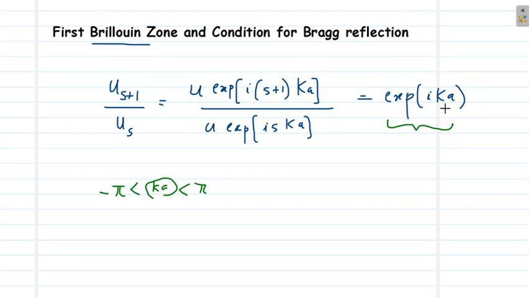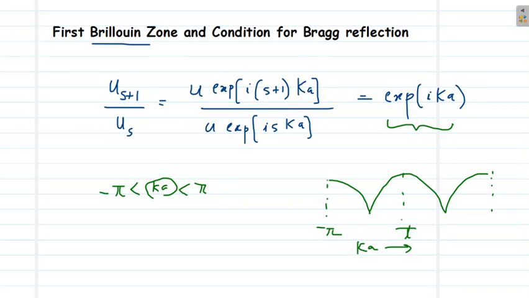Since exponential iKa is a periodic function that repeats itself, the independent values are obtained when Ka varies from minus pi to pi.